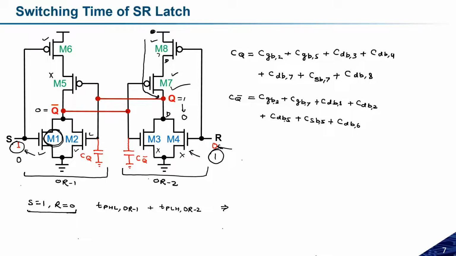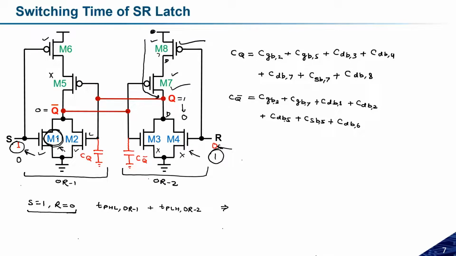What does it mean? S equal to 1 will activate transistor M1, and because R is equal to 0, that will activate transistor M8. So M1 and M8 will be activated.